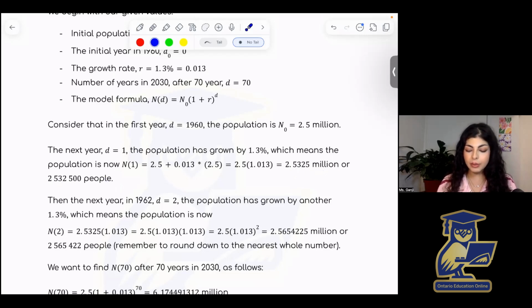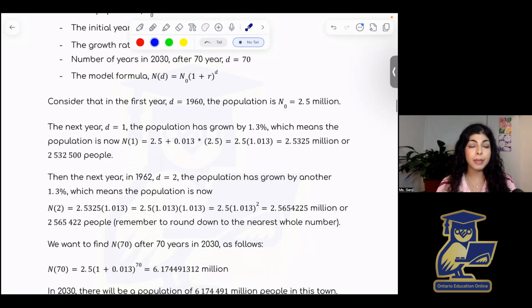And in this case, because it was millions and the decimals that I got actually fit with my million value, you don't round down because clearly we can see that this is a whole number for the number of people. So we leave it as such.